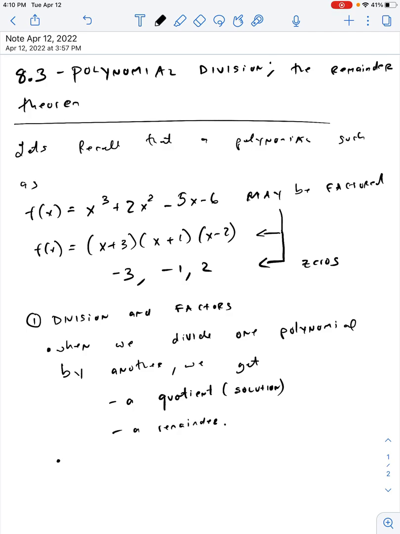Something that's important to note is that if the remainder is 0, then the divisor, what we divide it by, is a factor.